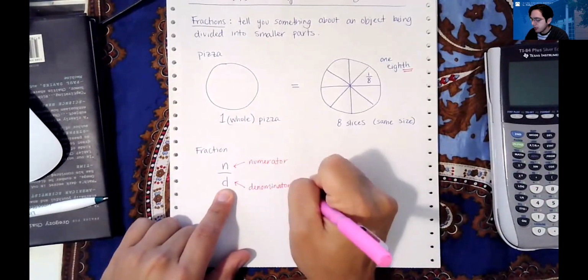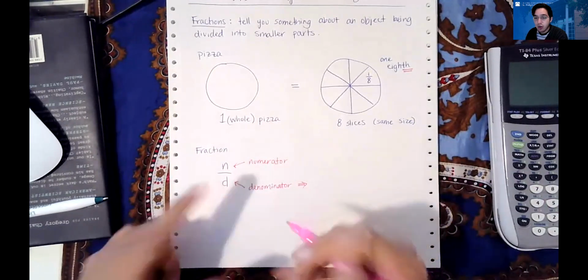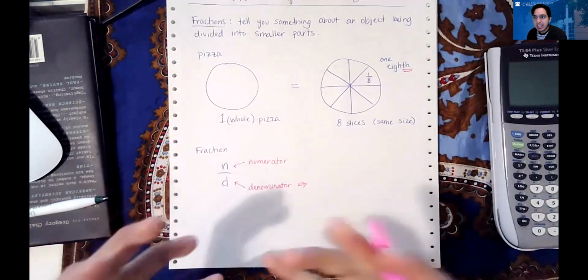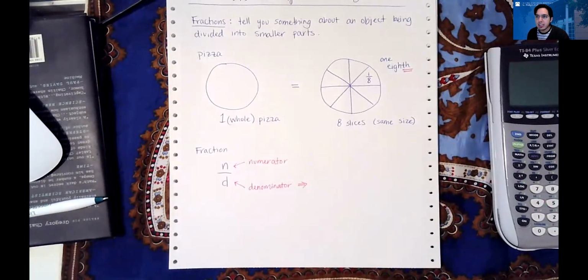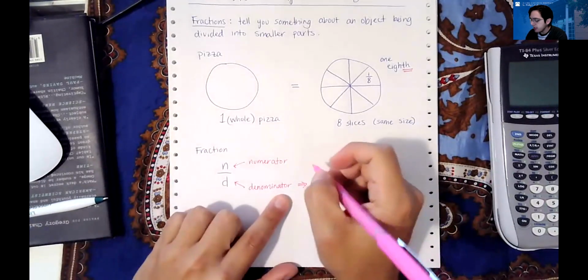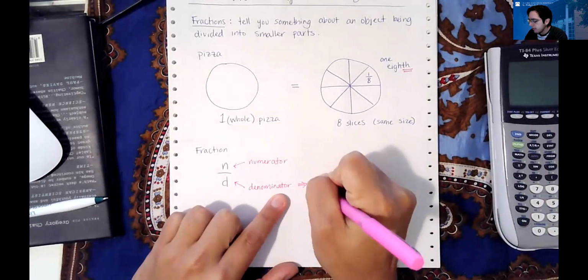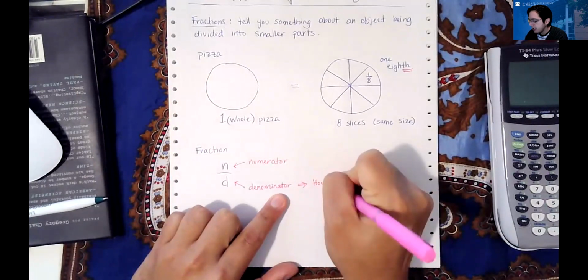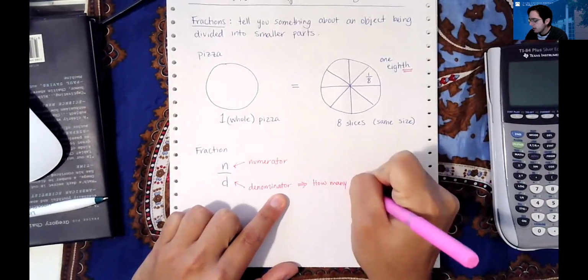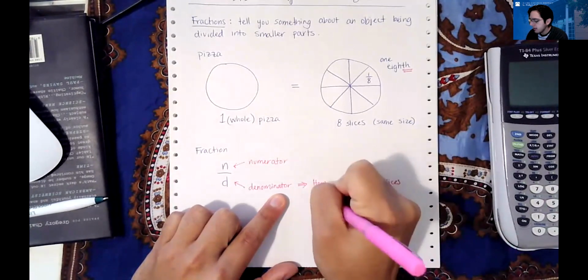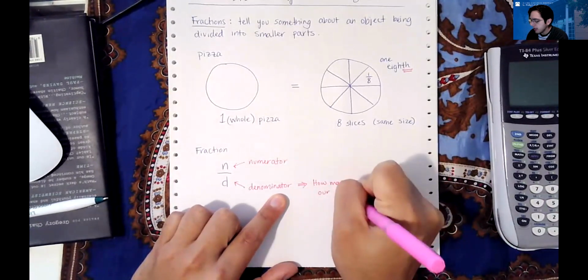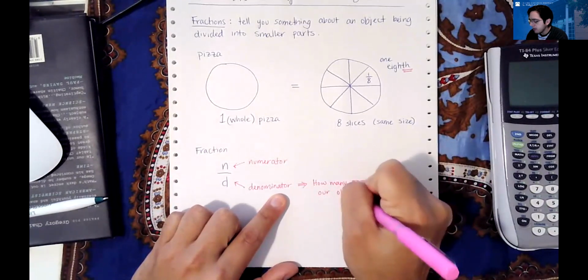The denominator tells you how many slices in total make up the whole thing, the whole object that you're talking about, whether it's a pizza, a bar of chocolate, a dollar bill, which you could break up into change if you wanted to, right? So the denominator tells you how many total slices our object was cut up into or divided up into.